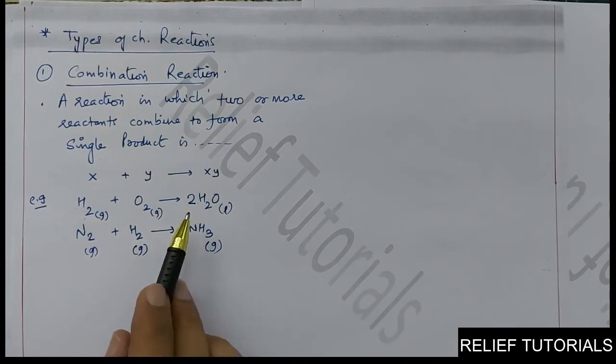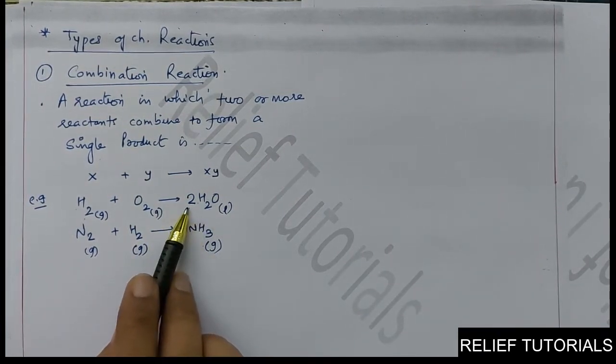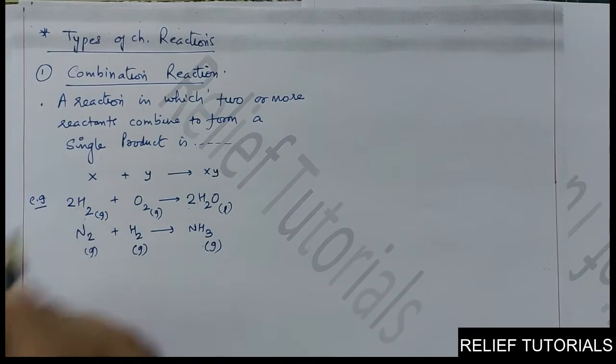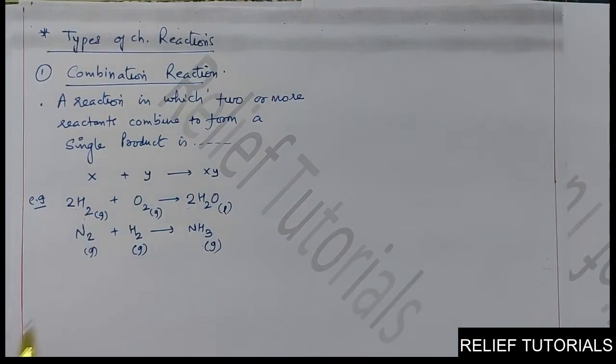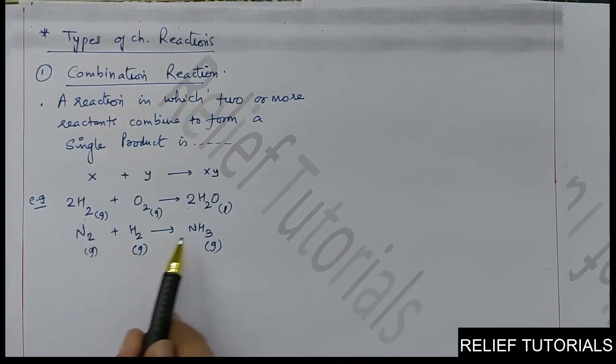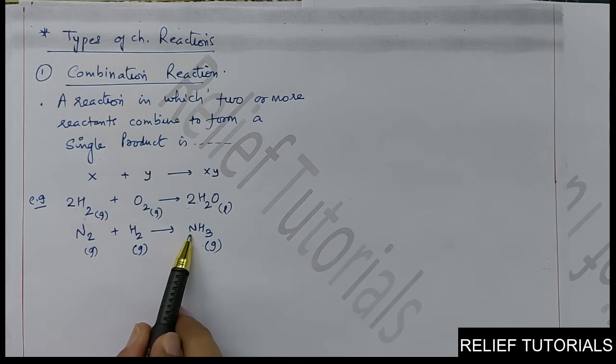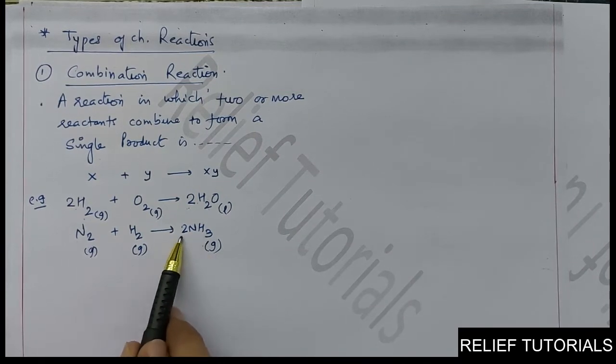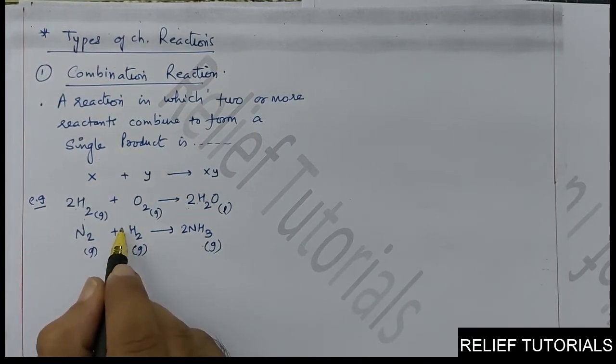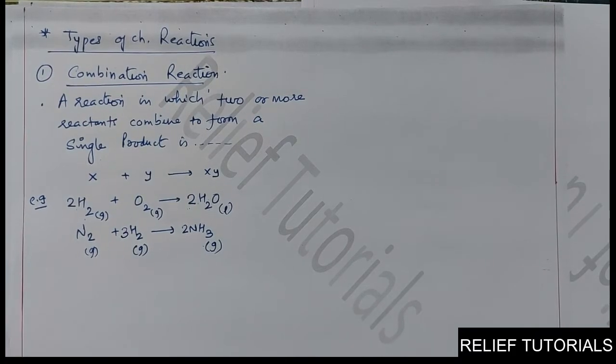At the same time, how many hydrogens are here? 4. So you multiply 2 and make it 4. Nitrogen 2, nitrogen 1. So we can make 2 here. Hydrogens on the right hand side: 6 hydrogens are here, 2 times 3 is 6. So these are some simple examples.